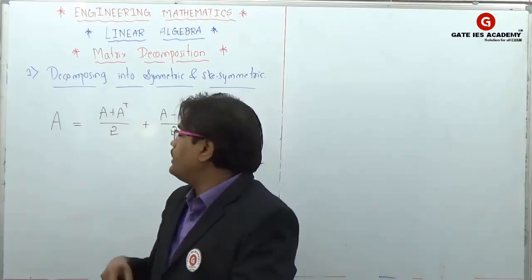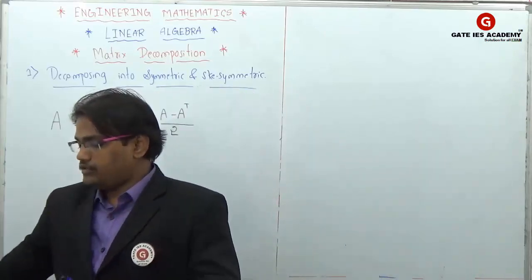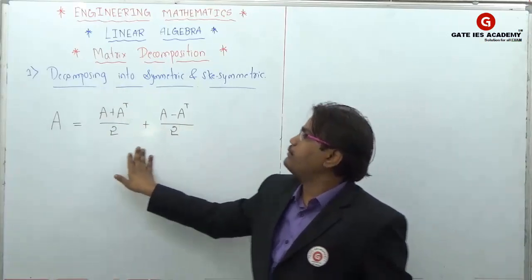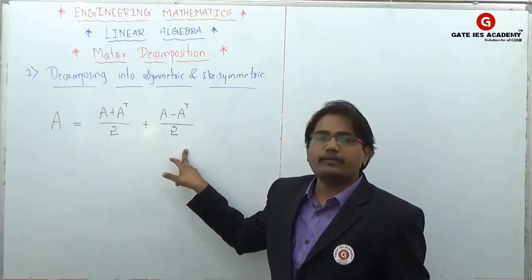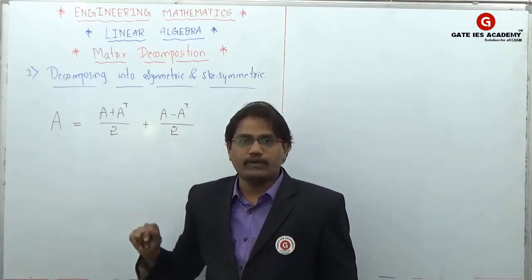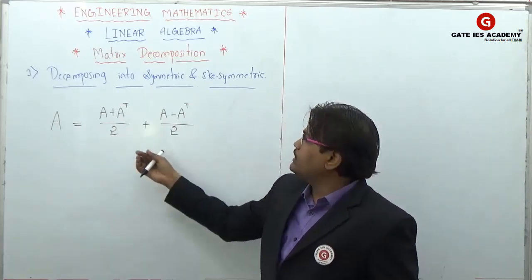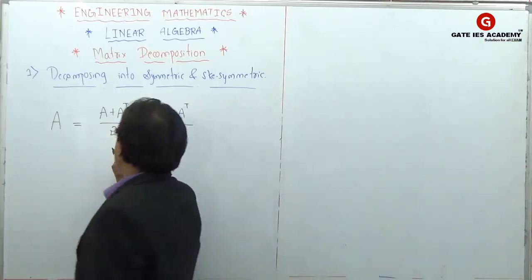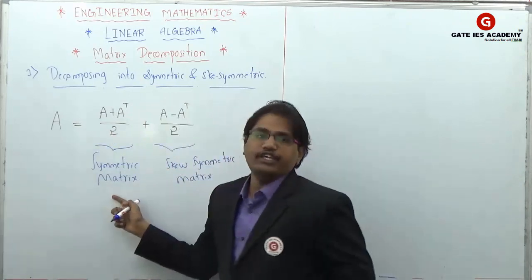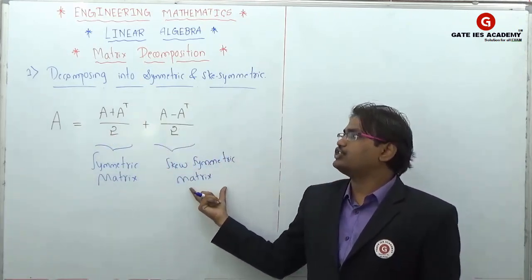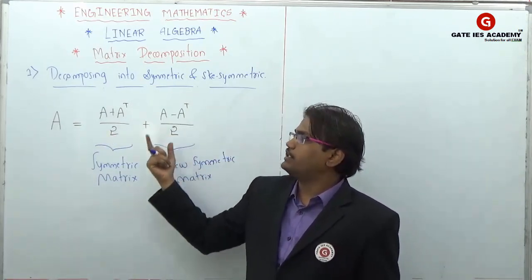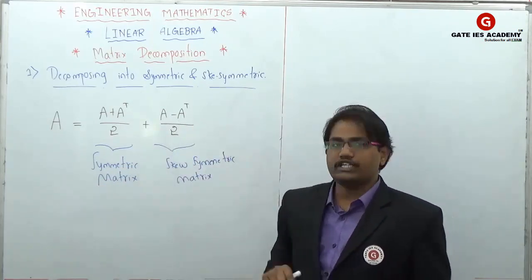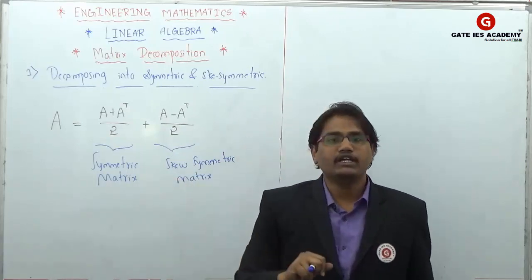So A plus A transpose by 2 is the symmetric matrix, and A minus A transpose by 2 is the skew symmetric matrix.